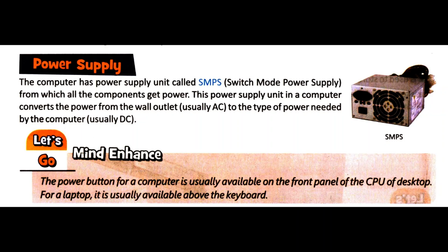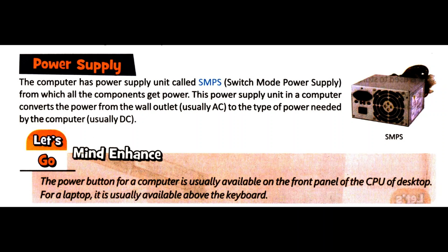Power supply. The computer has a power supply unit which is known as SMPS, switch mode power supply, to give power to all the components of the computer. The main function of SMPS is that it converts the alternating current into the direct current that is required by the computer.